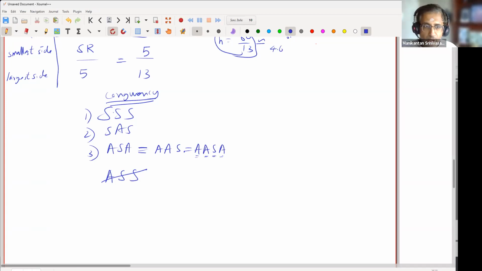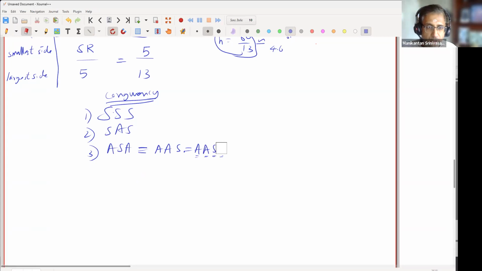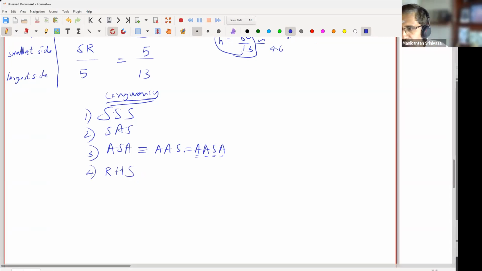Okay. Now there's one more which is also valid, which is RHS. Saurabh, do you know what RHS is? The right hand side. That's the correct acronym, but in this context, RHS is not right hand side. It's used for congruency. What is it?